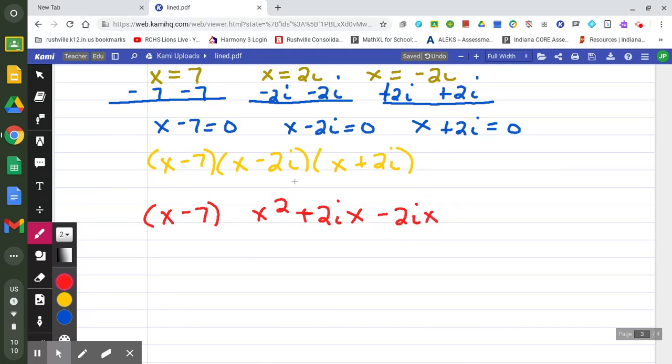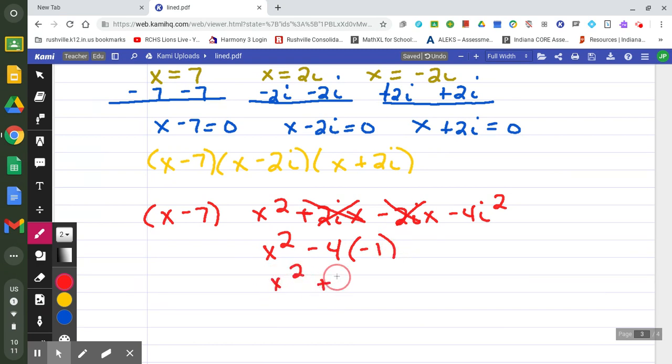And then negative 2i times positive 2i, negative 4i squared. So then I need to simplify that. So x squared, and my two middle terms cancel. So negative 4, and then my i squared is negative 1. So x squared plus 4.